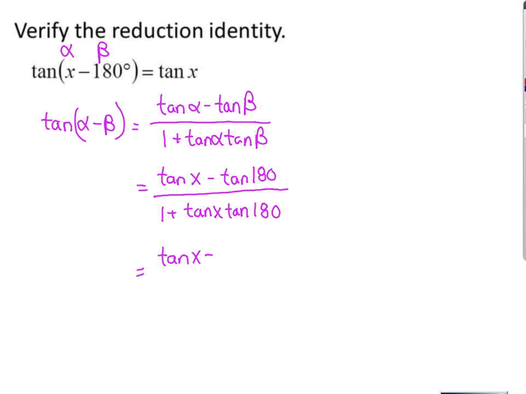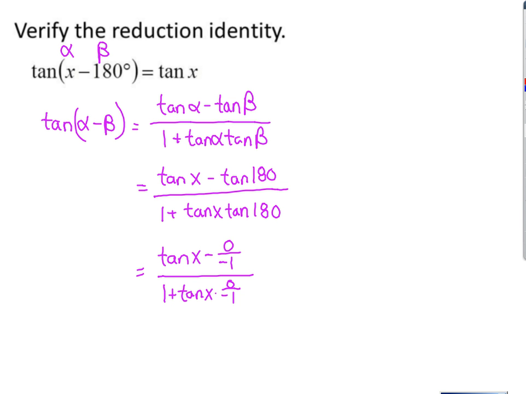The tangent of 180, remember tangent is y over x. The y-coordinate at 180 degrees is 0. The x-coordinate is negative 1. So down here we're still going to have 0 over negative 1.